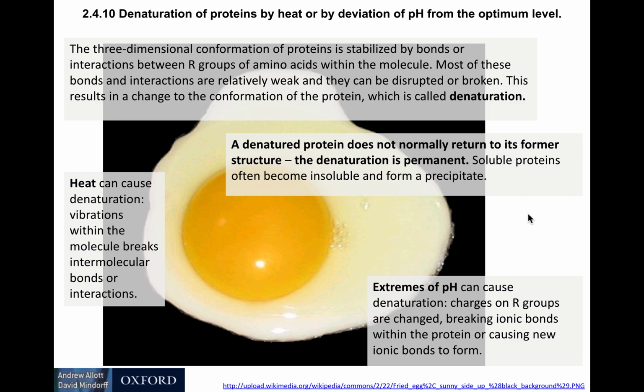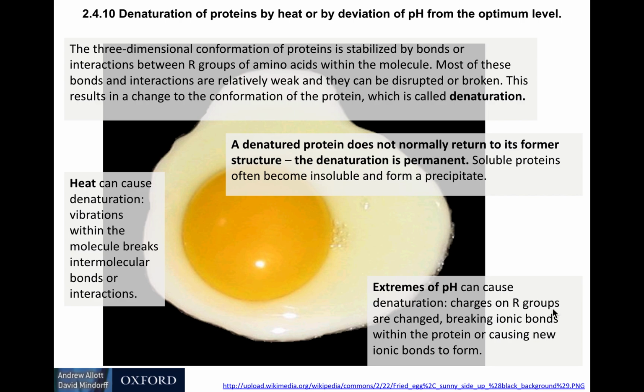Soluble proteins often become insoluble and form a precipitate. So you lose the protein for good when it becomes denatured. All proteins want to be in an environment that they can be successful in. They want the pH to be a certain pH, like acidic or basic or neutral. And if you go out of those pH ranges, it'll denature that protein.